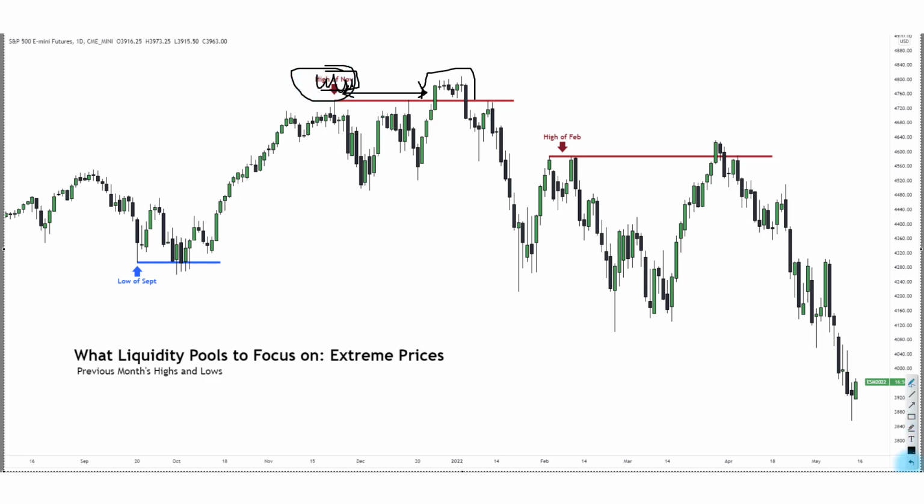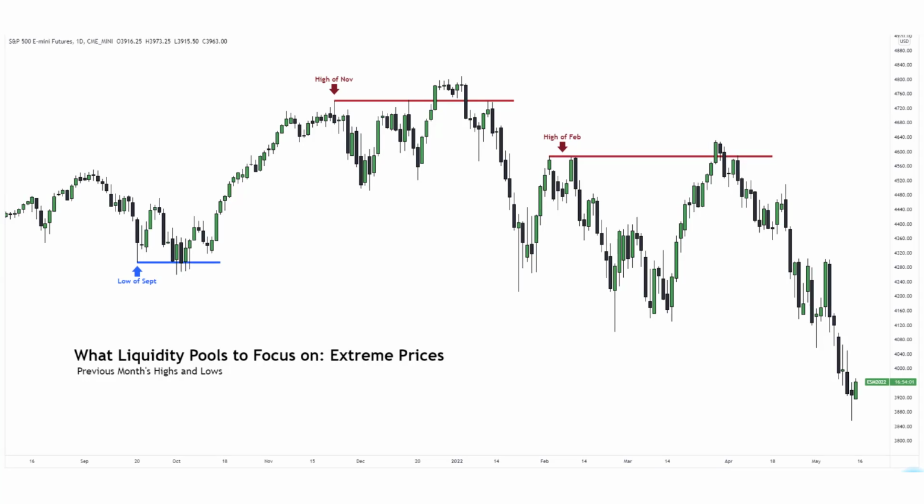Okay. Also, previous month's highs and previous month's lows offered a really big reaction afterwards. So you can see here, low of September, reaction happens afterwards. It's because these liquidity pools are higher time frame liquidity pools. Okay. High of November here, high of February.